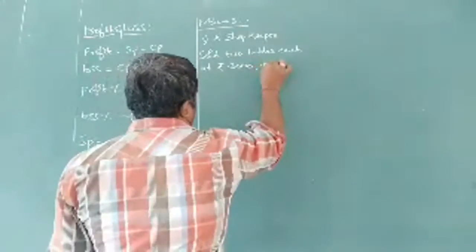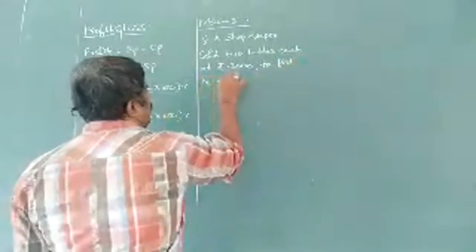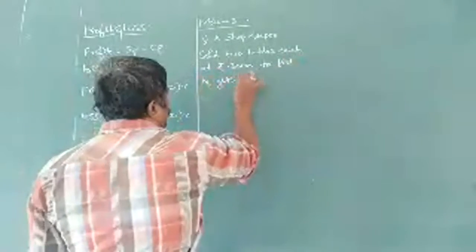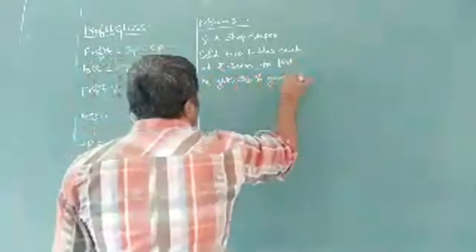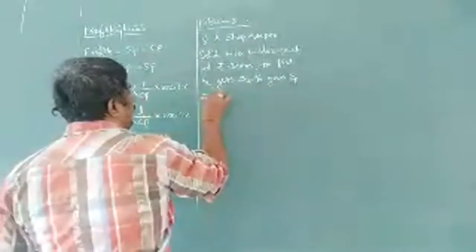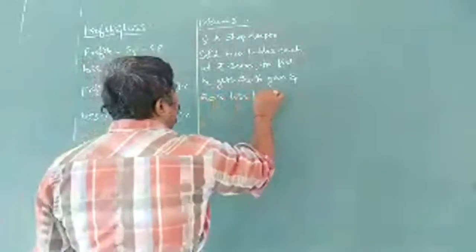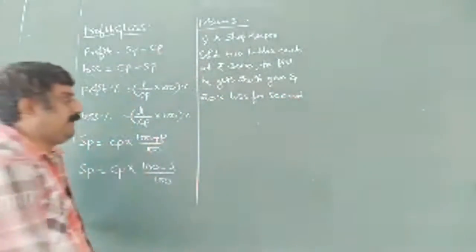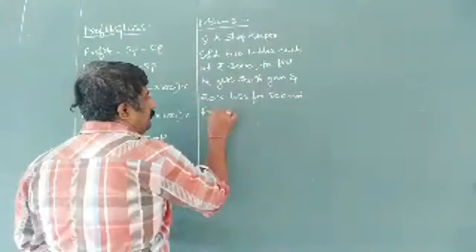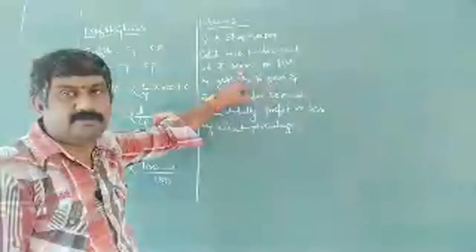For the first one, he gets 20% gain, and for the second one, 20% loss. Find the overall gain or loss.